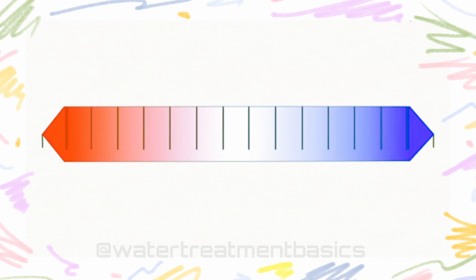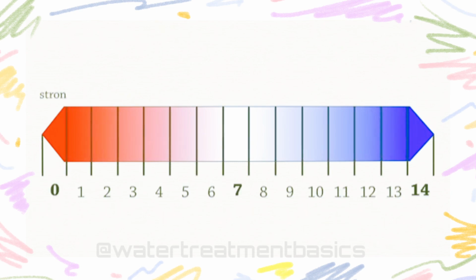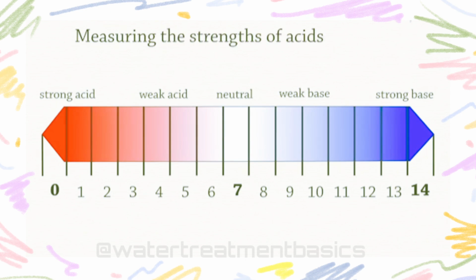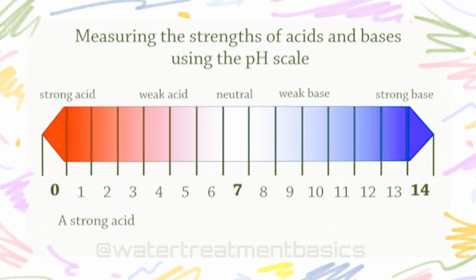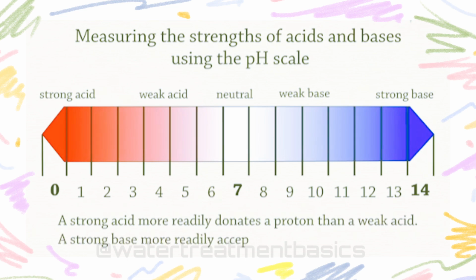We'll discuss the chemical behavior of acids and bases more in another video, but for now, let's focus on how we measure the relative strengths of acids and bases using the pH scale. A strong acid more readily donates a proton than a weak acid. A strong base more readily accepts a proton than a weak base.